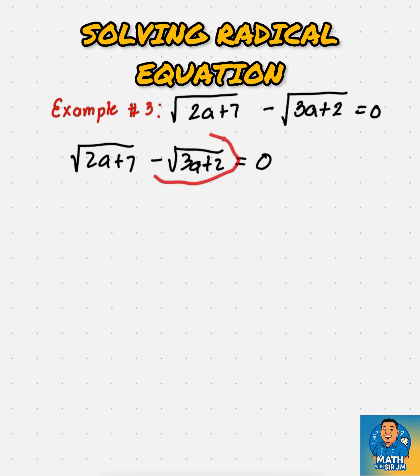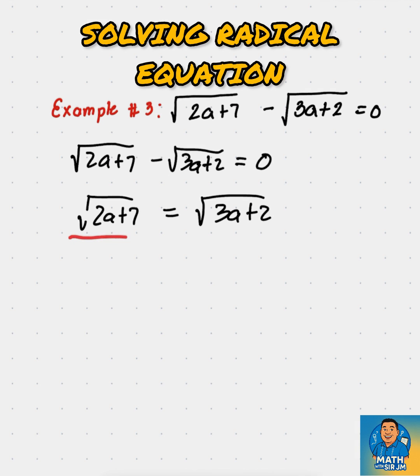We need to transfer first this given expression to the right side, to balance them. We have here square root of 2a plus 7 is equal to, since this is negative, it will become positive, square root of 3a plus 2.